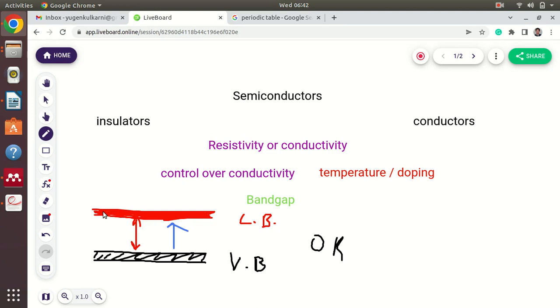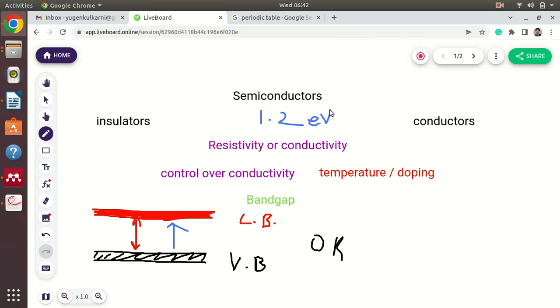In conductors, electrons in the valence band itself are available for conduction. Therefore, there is no concept of separate valence band and conduction band in conductors. We say that they are overlapped. Now, in a semiconductor, this band gap is in the range of about 1 up to 1.2 electron volt.